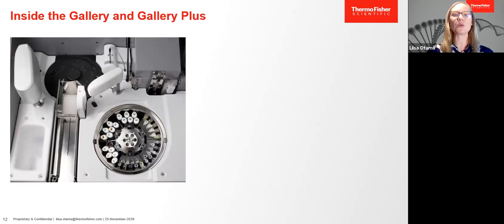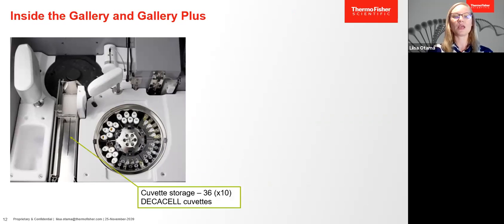And then how does it look on the inside? This picture is of the Gallery analyzer, the slightly smaller one, where we have, first of all, the cuvette storage. Cuvettes are the reaction vessels. They are the ones that carry the sample and the reagents, and this is where the magic happens.